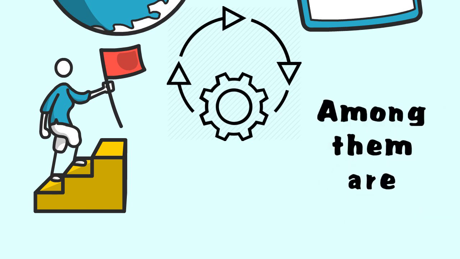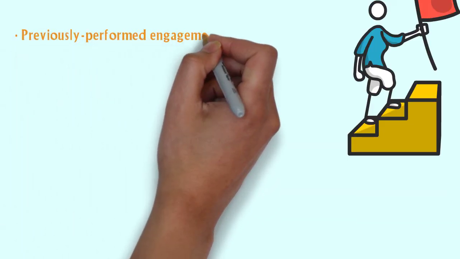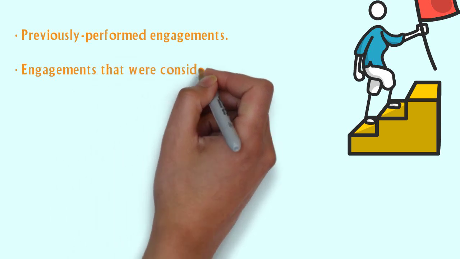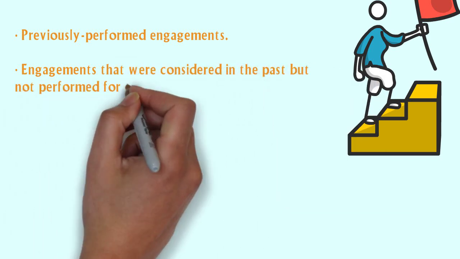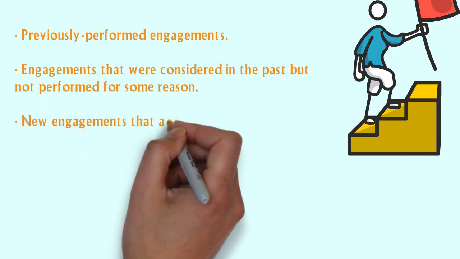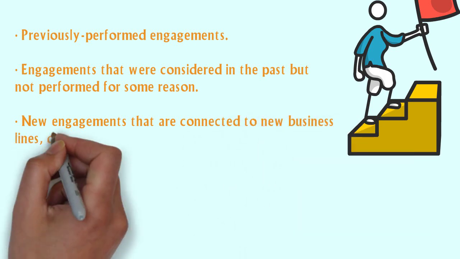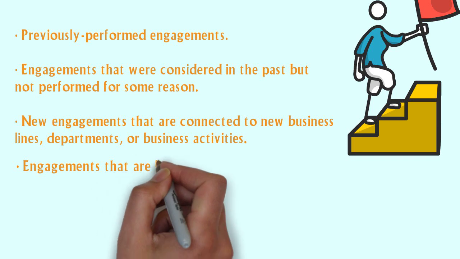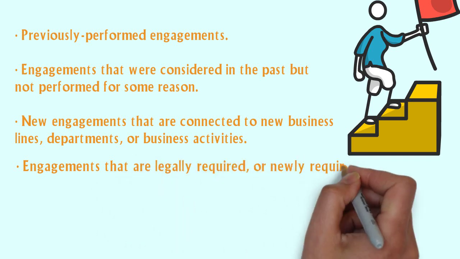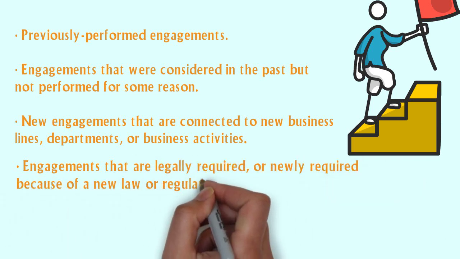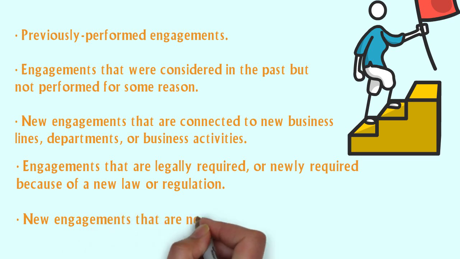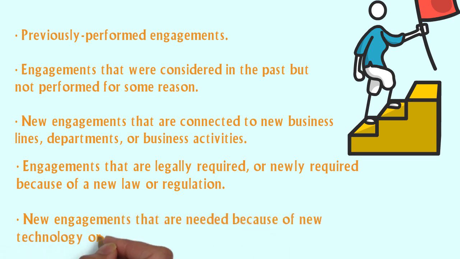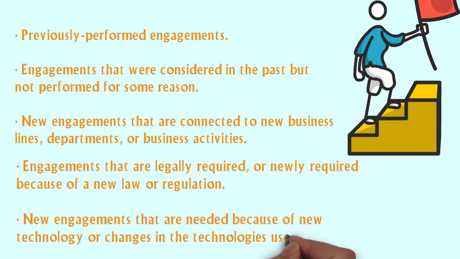Among them are previously performed engagements, engagements that were considered in the past but not performed for some reason, new engagements that are connected to new business lines, departments, or business activities, engagements that are legally required or newly required because of a new law or regulation, and new engagements that are needed because of new technology or changes in the technologies used by the company.